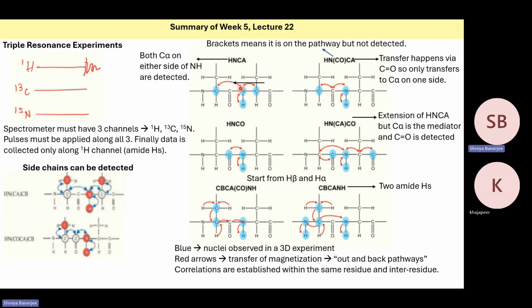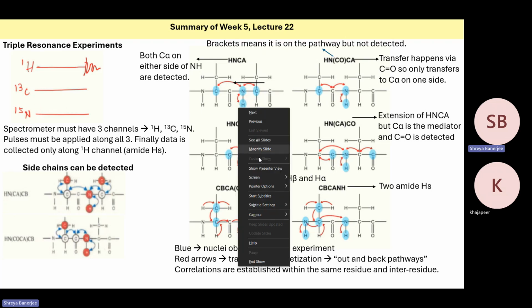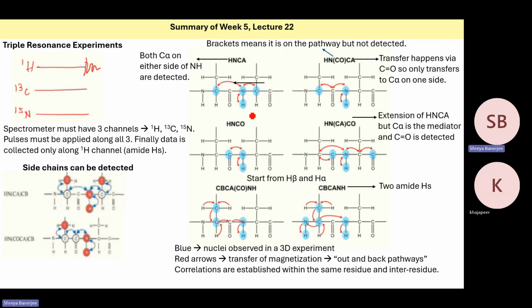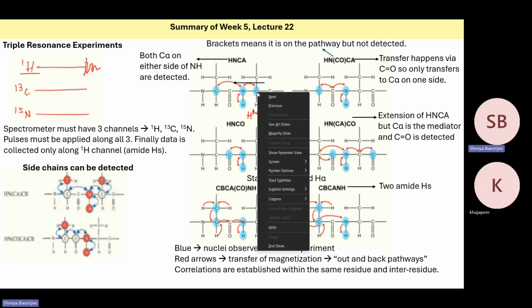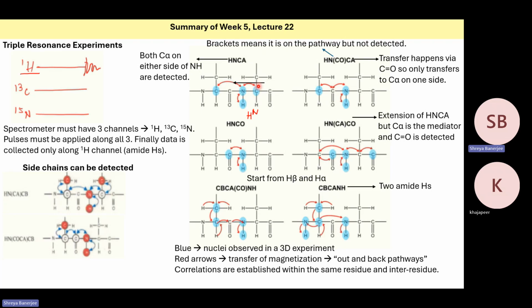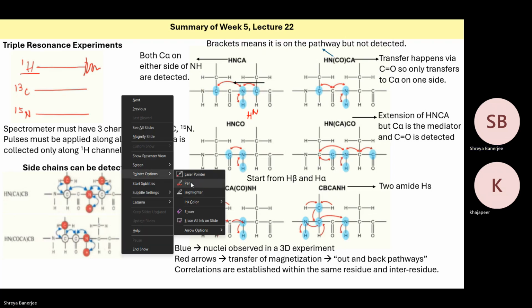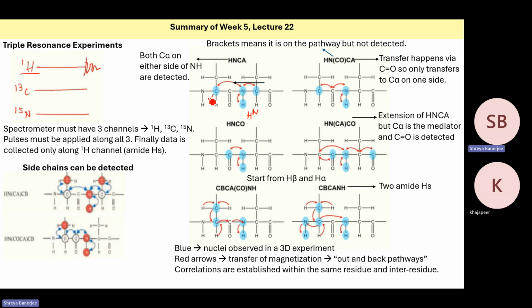So amide N is blue circled; the N that you're observing is the amide N. Similarly, amide H, often written as HN, you are observing HN. And then you are also observing C alpha, that is the 13C.